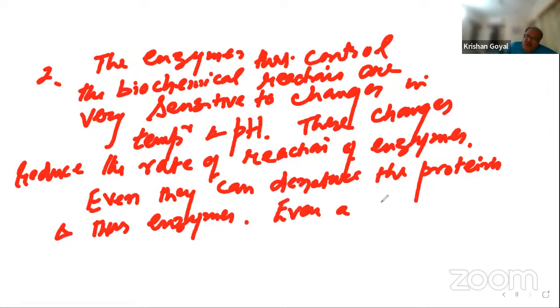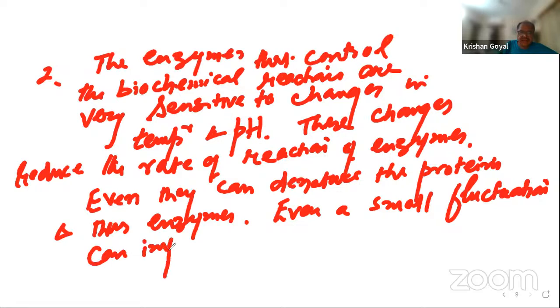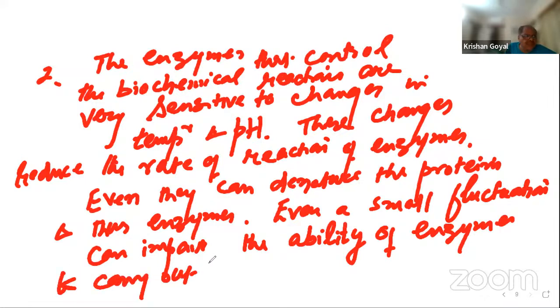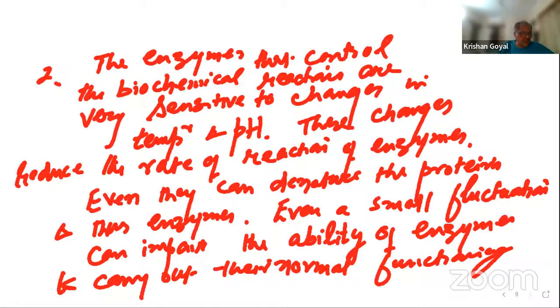Even a small fluctuation, which means change, can impair the ability of enzymes to carry out their normal functioning.